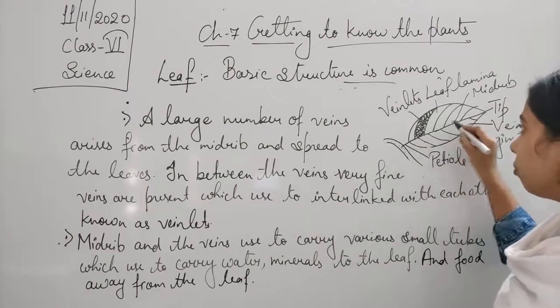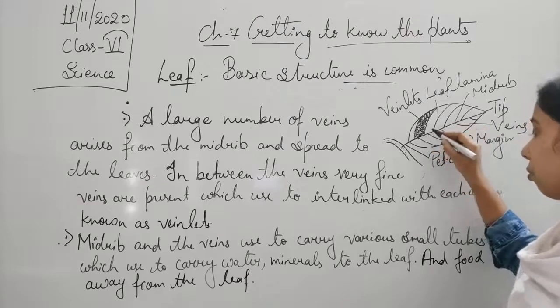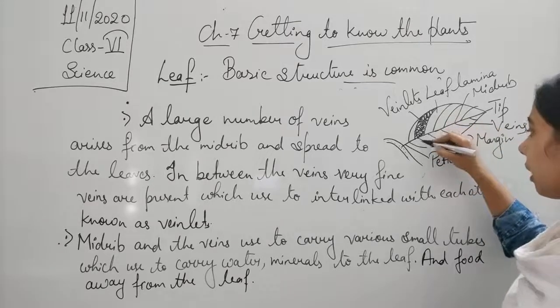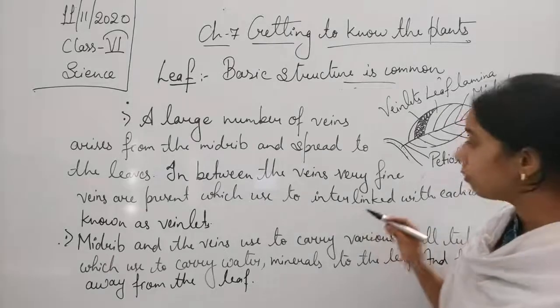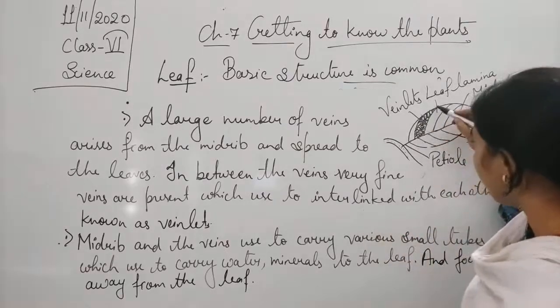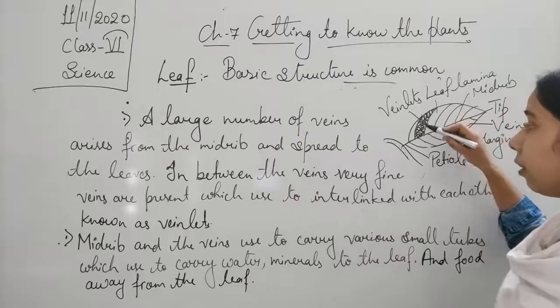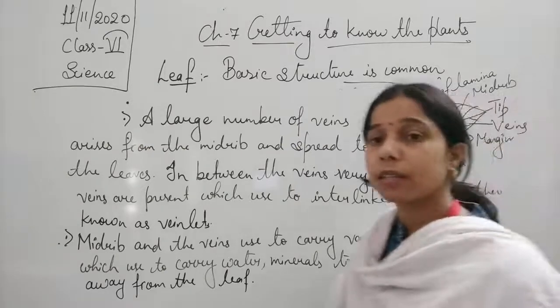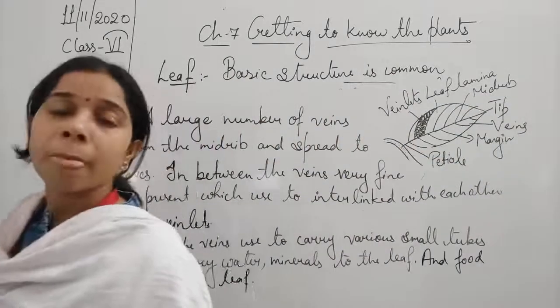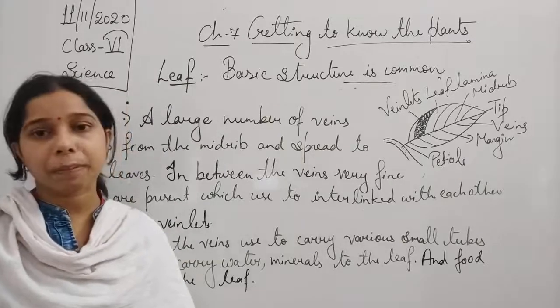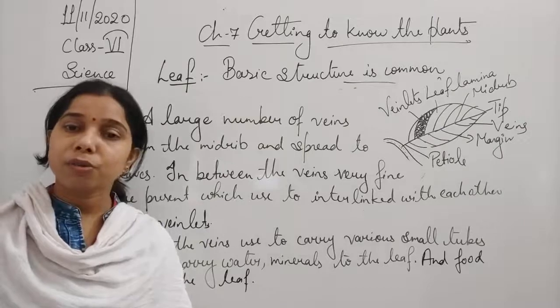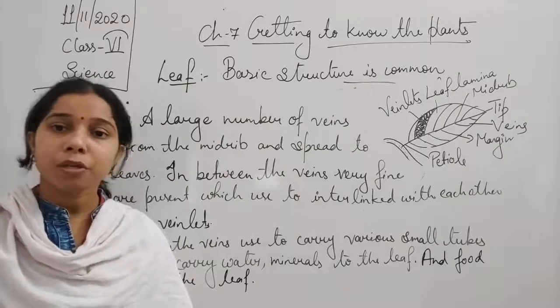While going through the petiole, means through the main vein, this vein is again divided into smaller veins. So the tubes will also enter the different veins, and from the veins they will enter the veinlets. So the various tubes coming from the stem reach the leaves of the plant, and there they carry the water and minerals to the leaves.